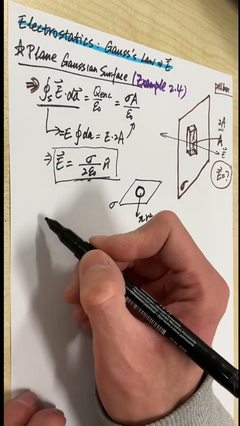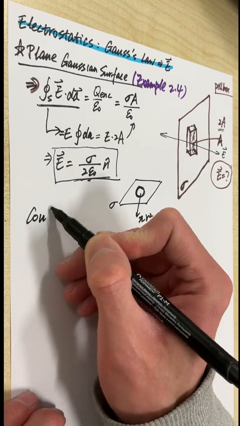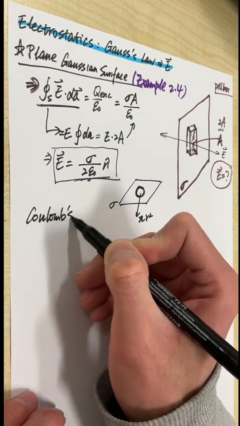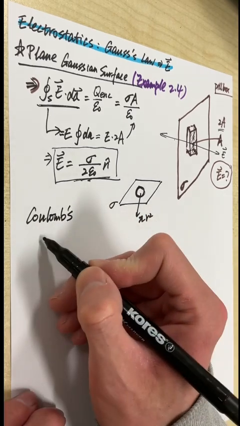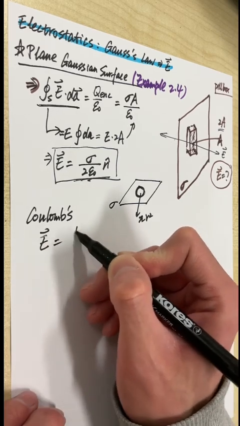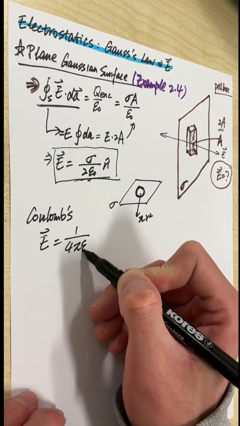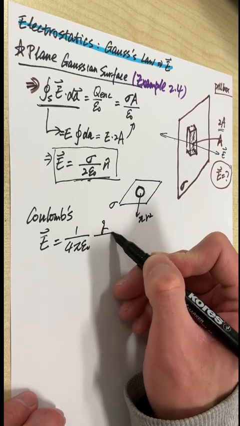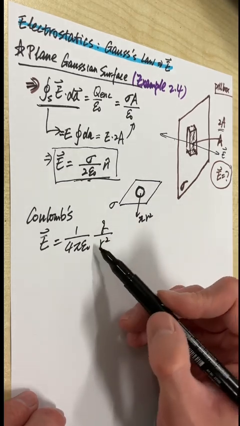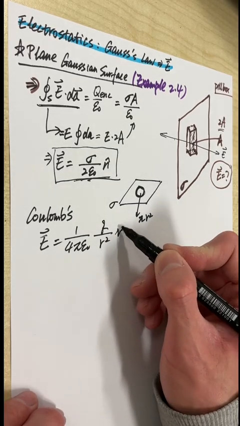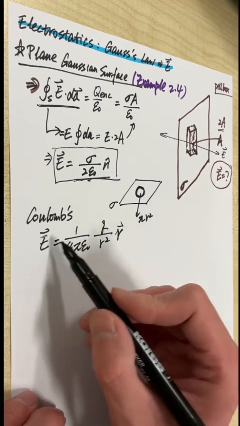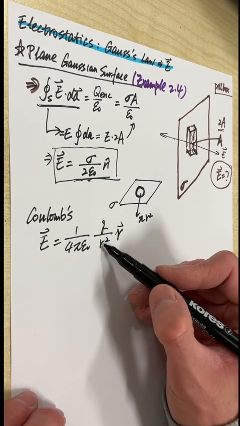And we know from Coulomb's law that the electrical field equals 1 divided by 4 pi epsilon 0 and then q over r square. So the electrical field would fall off.